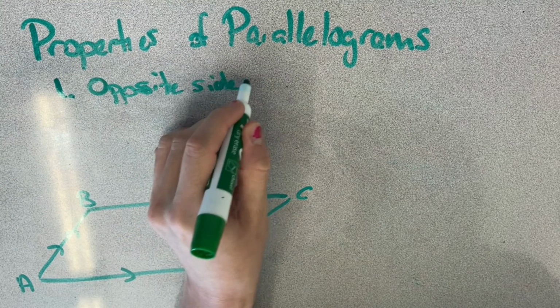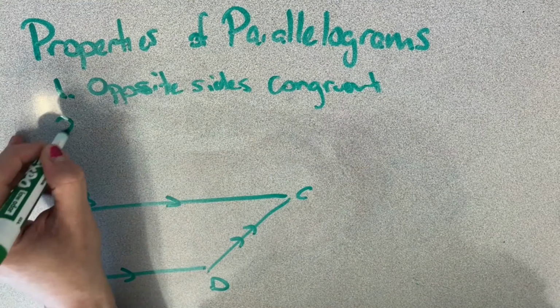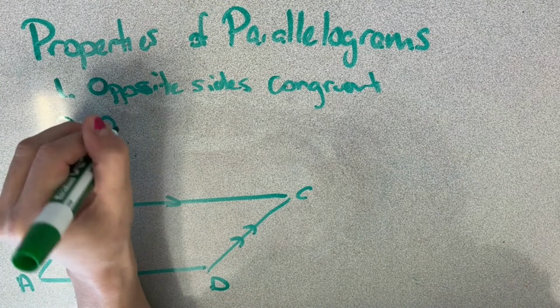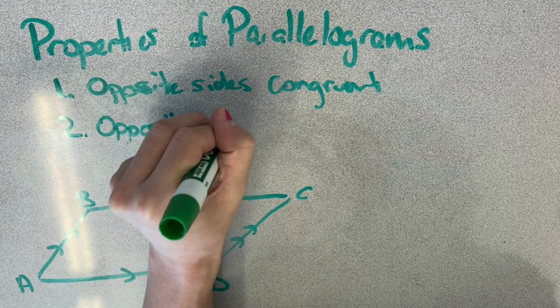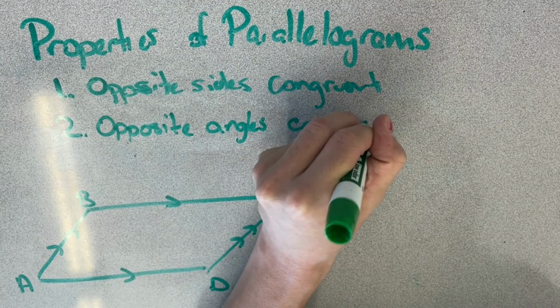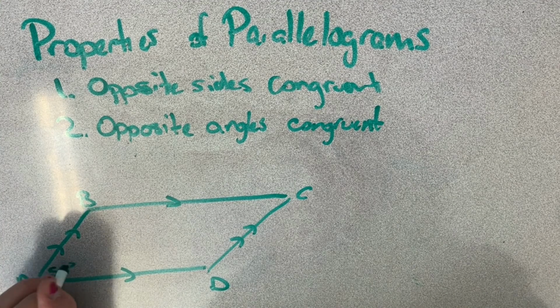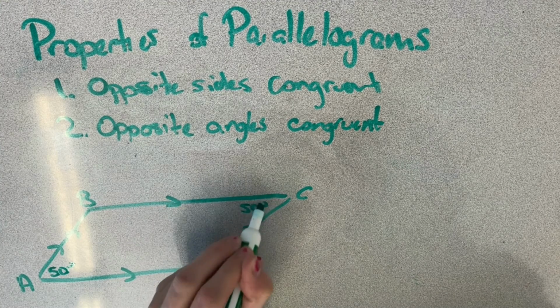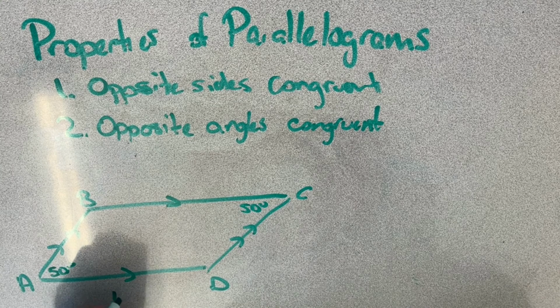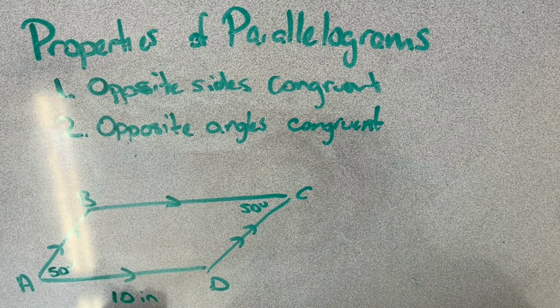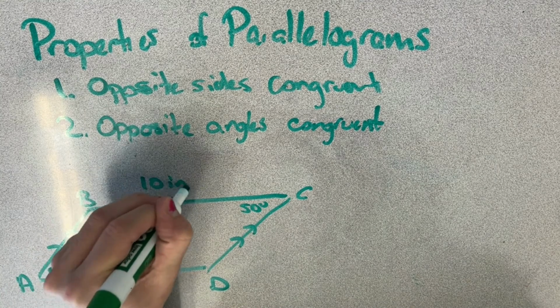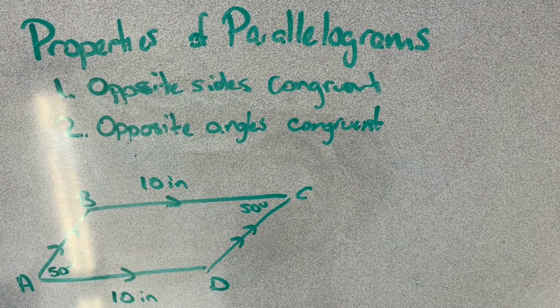Property the first, opposite sides are congruent. Similarly, opposite angles are congruent. So what that means, say that angle A is 50 degrees, then angle C is also 50 degrees. We can do the same thing with segment lengths. If AD is 10 inches long, then BC is also 10 inches long.